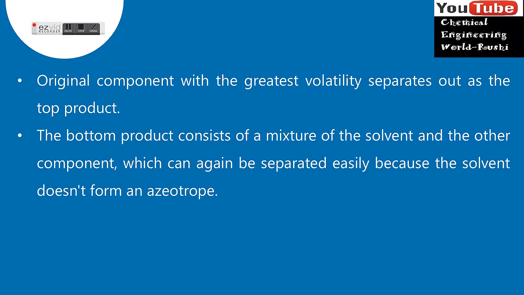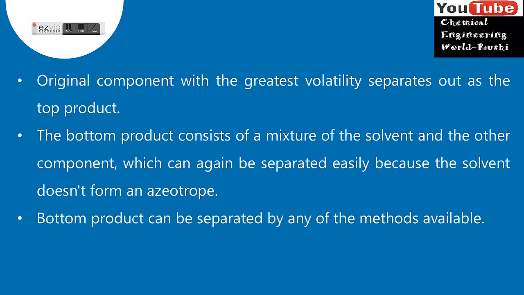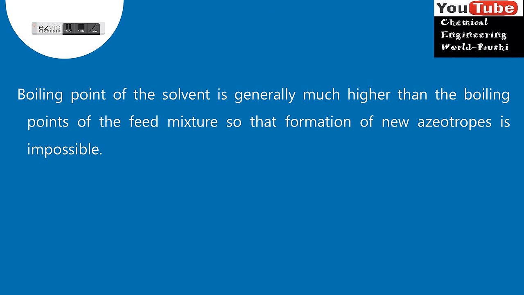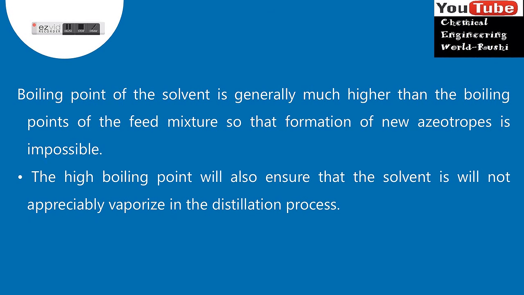This enables the mixture to be separated by normal distillation. Original component with the greatest volatility separates out as the top product. The bottom product consists of a mixture of the solvent and the other component, which can again be separated easily because the solvent doesn't form an azeotrope. Bottom product can be separated by any of the methods available.